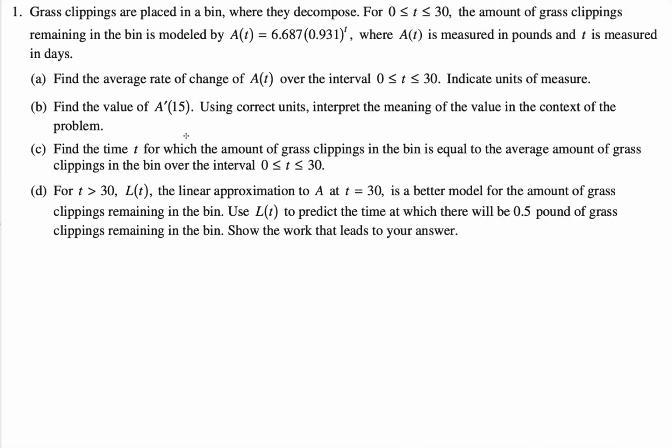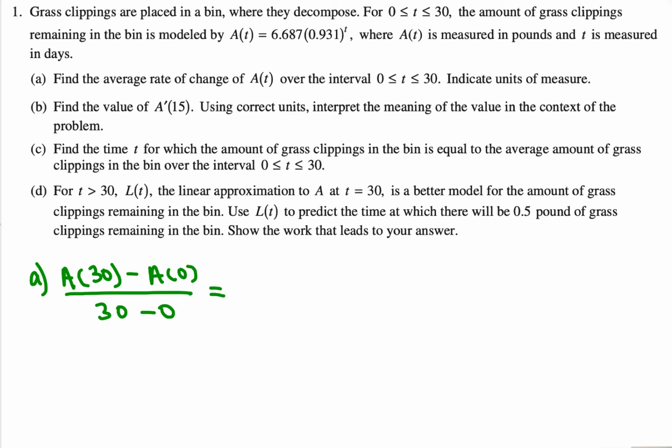All right. So now for the first one, we want to find the average rate. In that case, we are looking at A of 30 minus A of 0 over 30 minus 0, which would be our average rate of change.